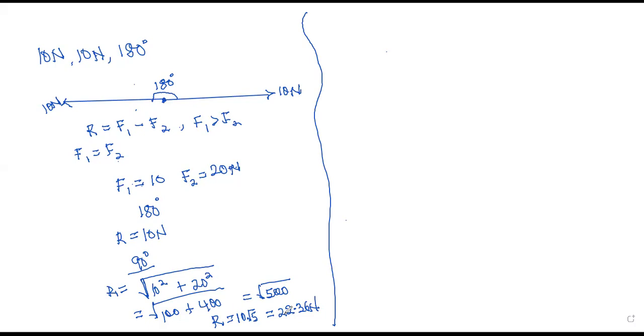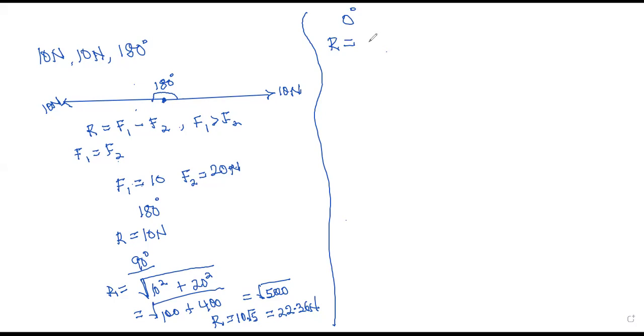Okay. Then let's look at the other angles. So we've done when it is 180, when it is 90. Now when theta is 0, what will be the resultant in this case? 30.